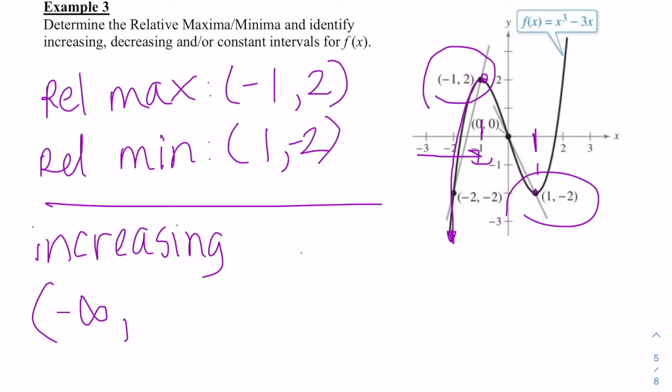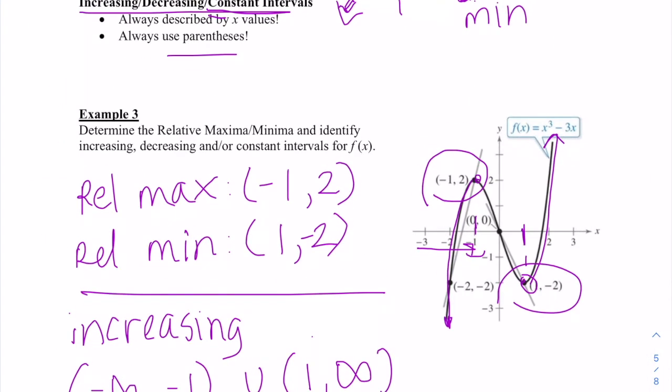So there's going to be another interval where it's increasing again, from the minimum down here, where x equals 1, and it's going to keep going to positive infinity. Now you notice that we only use the x values to describe these intervals. It's kind of confusing because the y tells us if we're going up and down, you need both to figure out if it's increasing or decreasing. But when we're describing the intervals, we only use the x values.